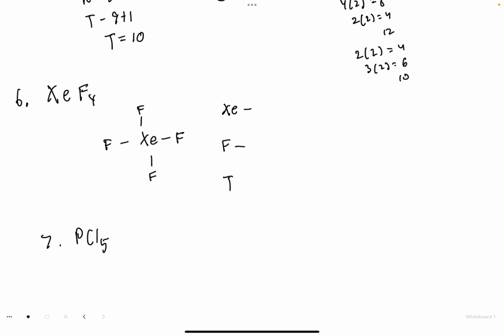So xenon is going to be 8 valence. It's kind of funny how this is true. It's already stable, already has 8 valence. And then we also have fluorine, so that's going to be 7 valence times 4. Since we have 4 fluorines, is that 28? And then that's going to be 36.